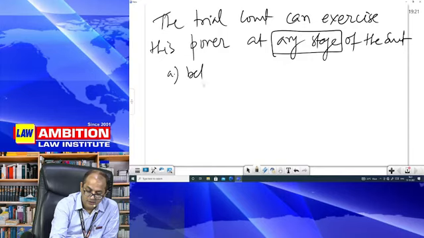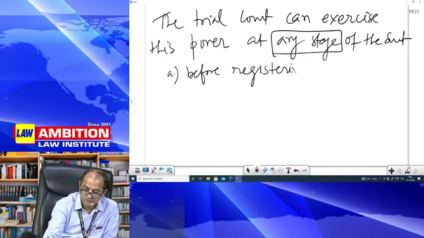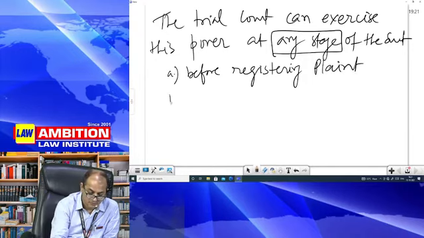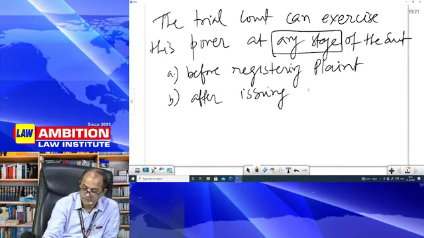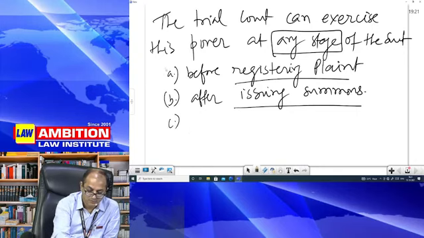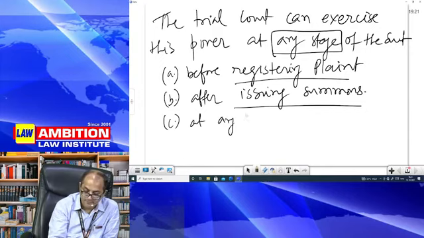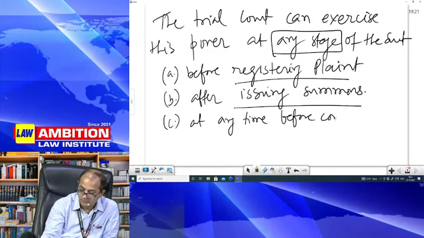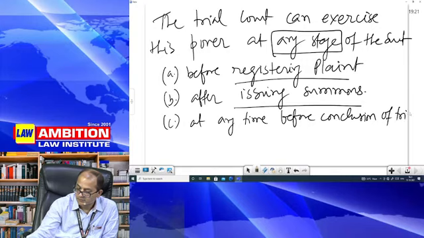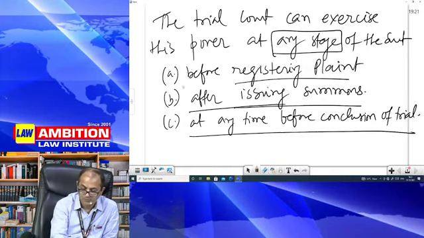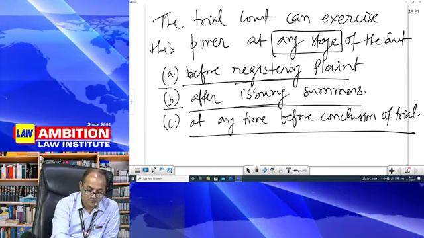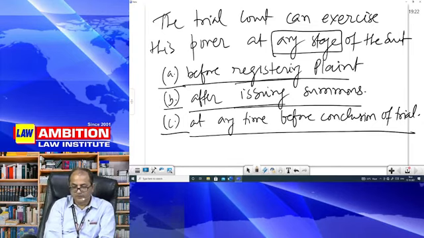Before registering plaint, after issuing summons to the defendant, any time before conclusion of trial.